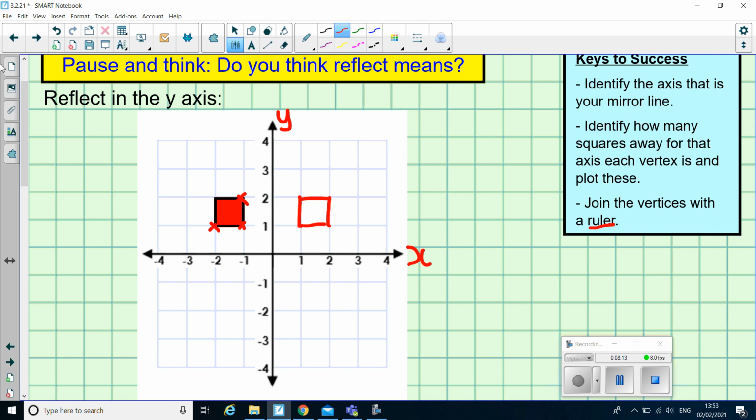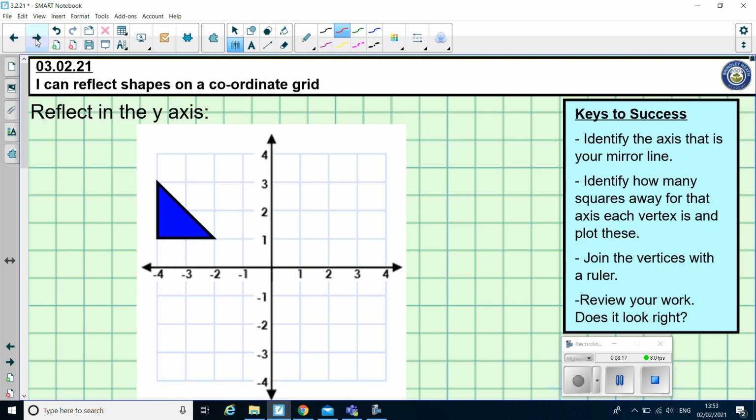Okay, hopefully that makes sense to you. I've got a couple more examples, Year 6, that I'm going to work through. Now, if you want to try them and do them yourself, in today's maths folder, I have put these as a Word document, which if you have a printer, you could print off. If you don't have a printer, I have also put these little questions into a Paint document, which you can use on your computer or iPad or tablet or whatever you're using.